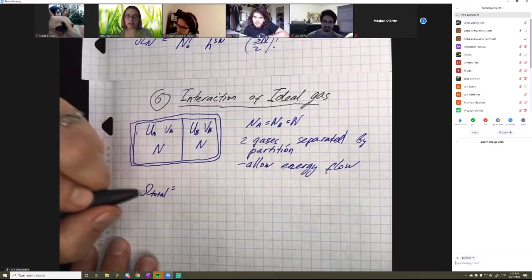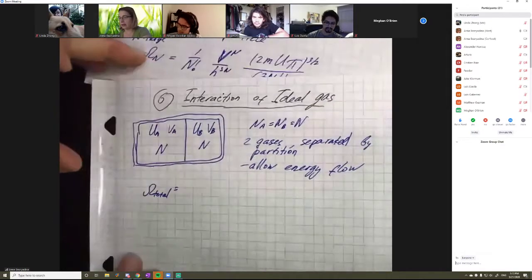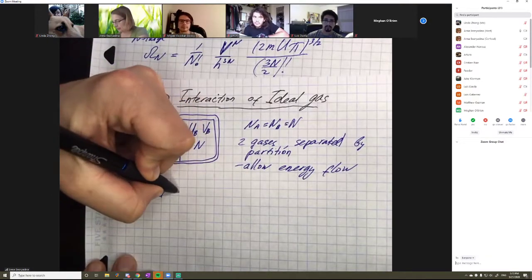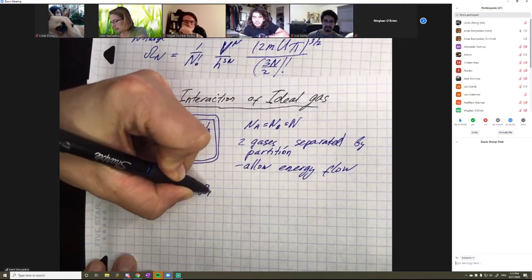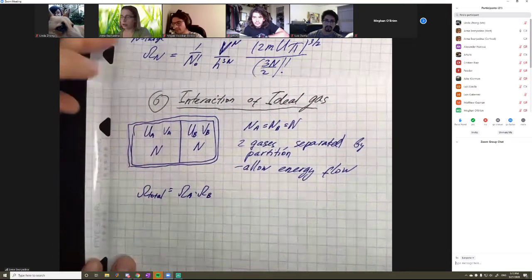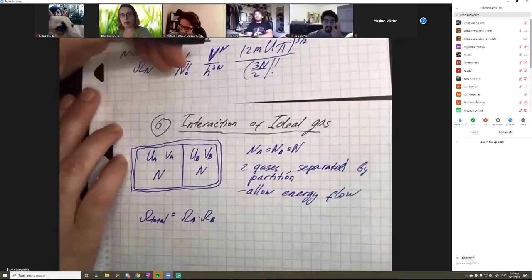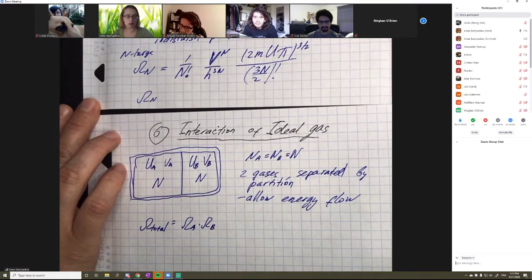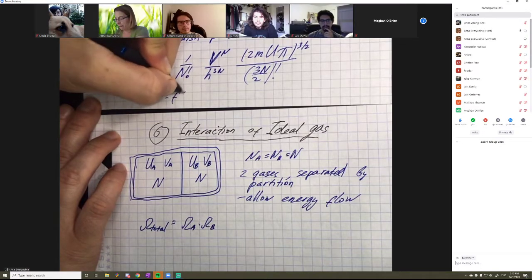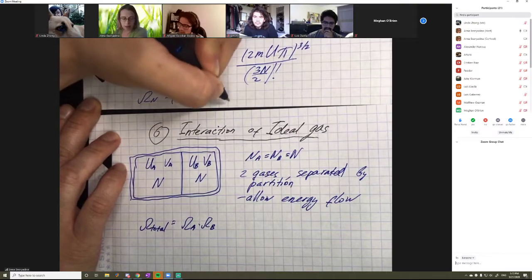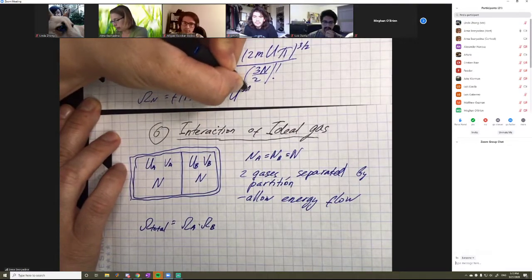In this case, we can use this formula here, and the multiplicity is the multiplicity of A times the multiplicity of B. Last time we derived a shorter formula using a notation which simplifies it. We can write it as f of N times V to the power N times U to the power of 3N over 2.